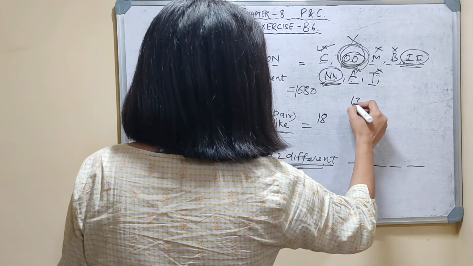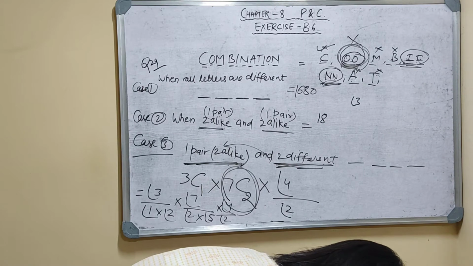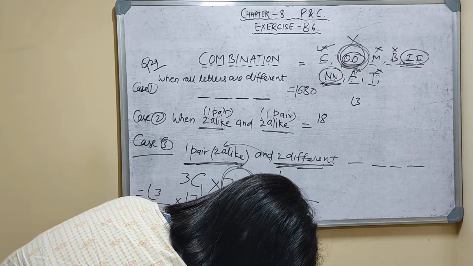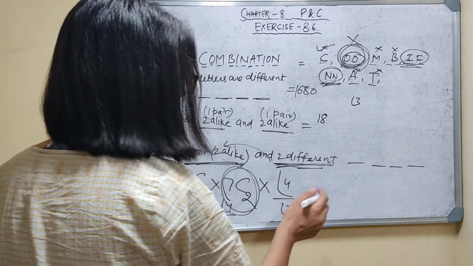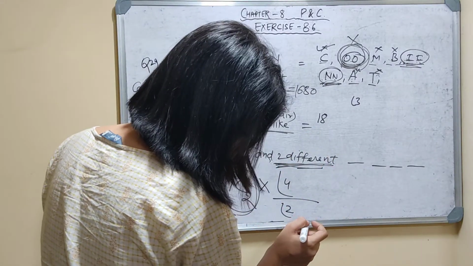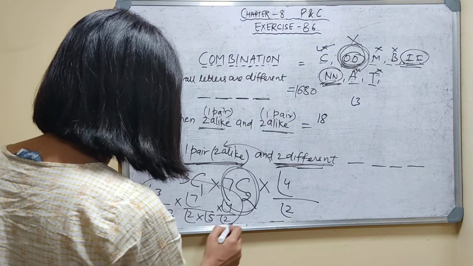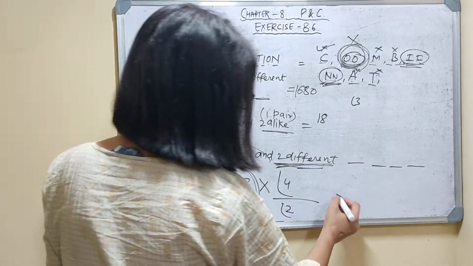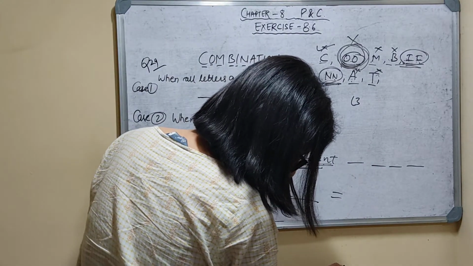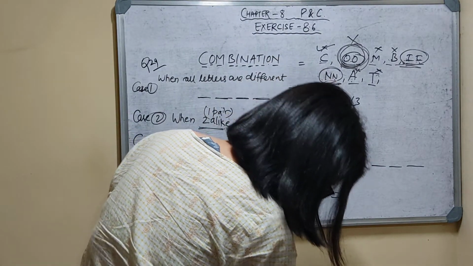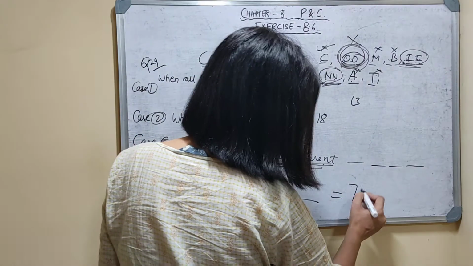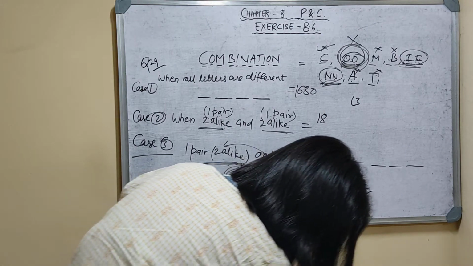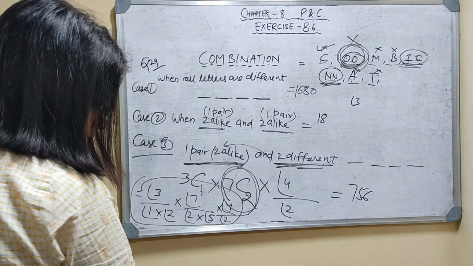Factorial 3... 1680, 18, and when you solve this part, 3C1 into 7C2 into factorial 4 upon factorial 2, you will get 756. You will get 756 for 2 alike and 2 different.